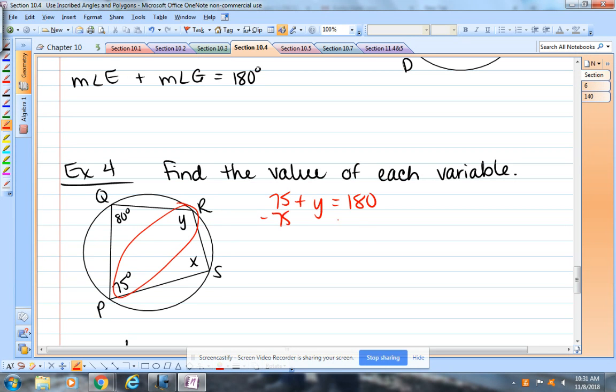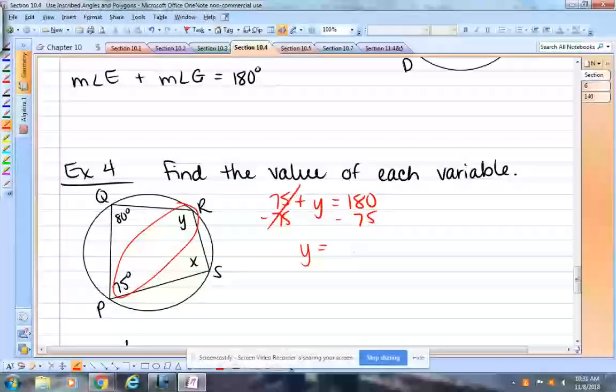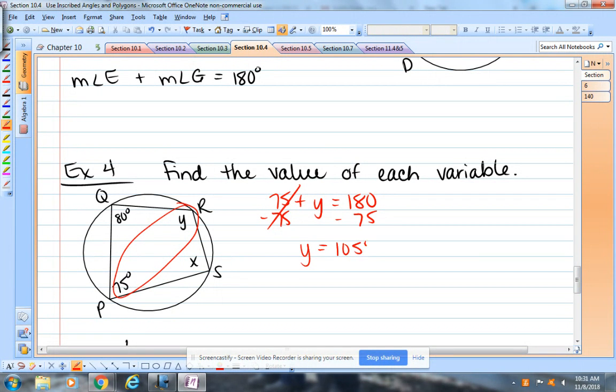Subtract 75 from 180, and y equals how many degrees? 105 degrees. There you go. And then x is supplementary to angle Q, which is 80 degrees. So x plus 80 equals 180, subtract 80 on both sides, so x equals how many degrees? 100. Does that make sense? Nice and easy.